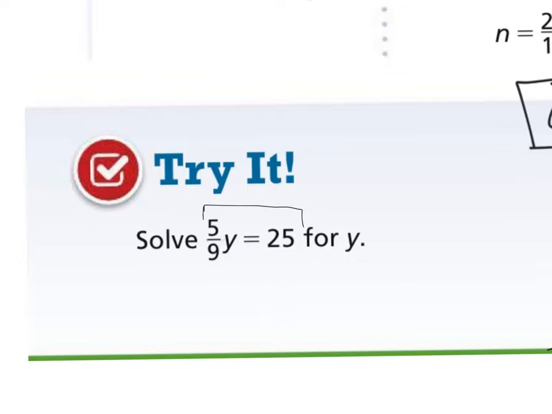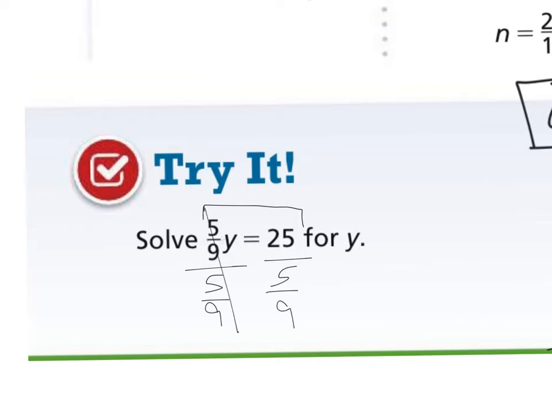So there's a couple ways we could do this problem. One option is the way the book showed you with the reciprocal, if you look back on example 2 part B. The other option is you can say the 5/9 and the y are being multiplied, so we would want to divide.